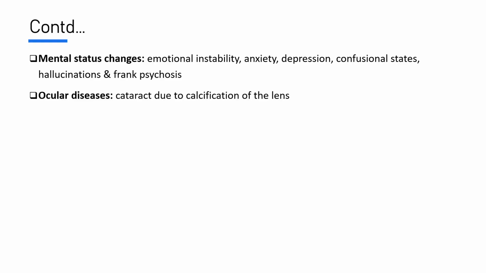We know that the calcium level is low, but the plasma phosphate level is increased. So this phosphate will trap the calcium, and that calcium phosphate will be deposited at the target site, resulting in calcification. So this is the paradoxical association between calcification and hypocalcemia in hypoparathyroidism.